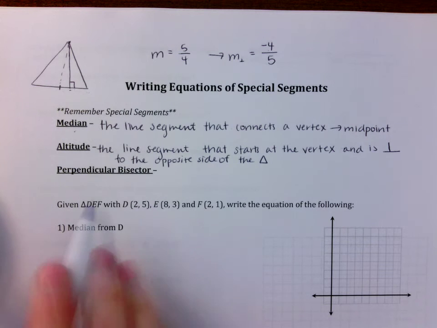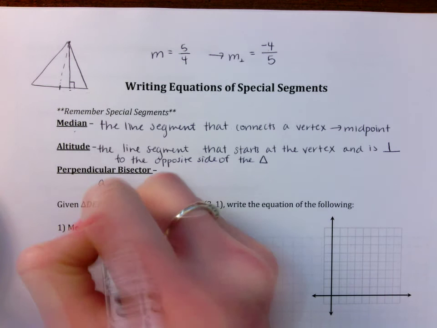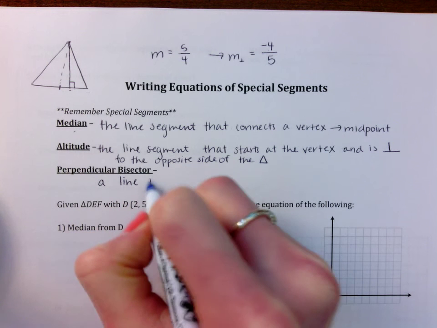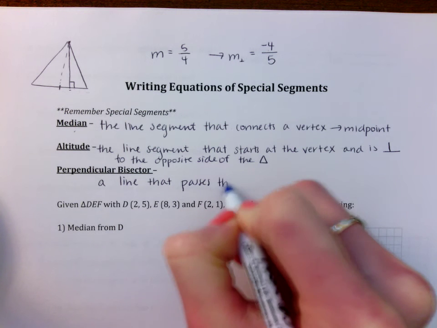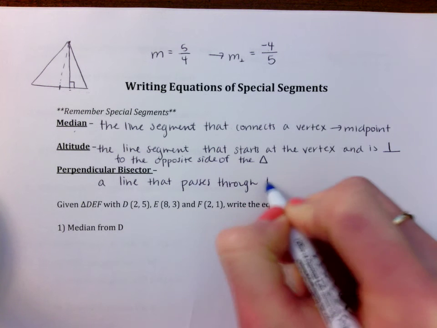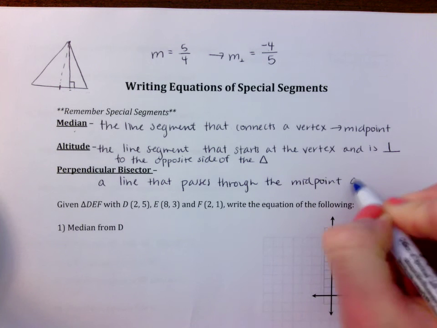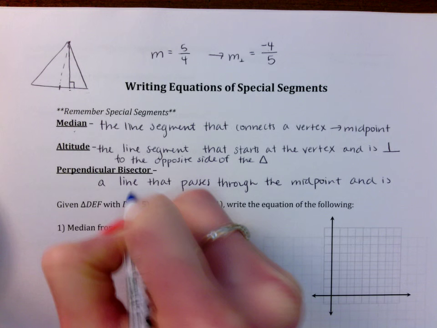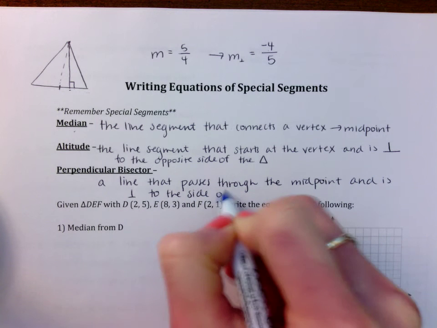Okay, and the last thing that we'll need is perpendicular bisector. And this is a line that passes through the midpoint and is perpendicular to the side of a triangle.